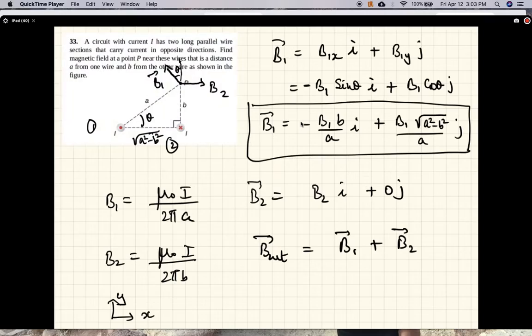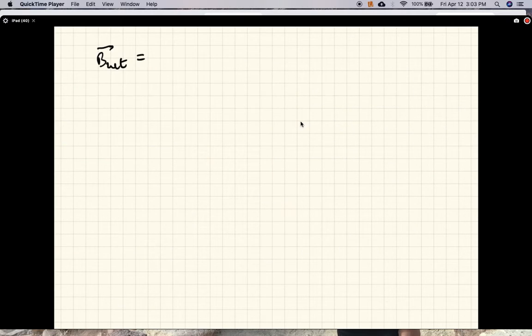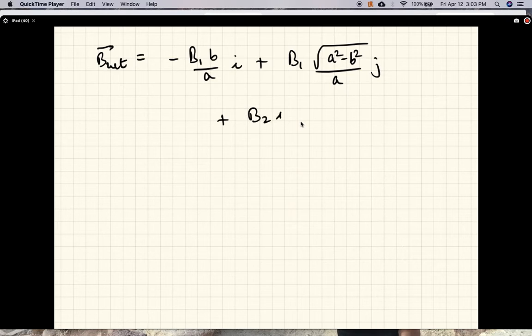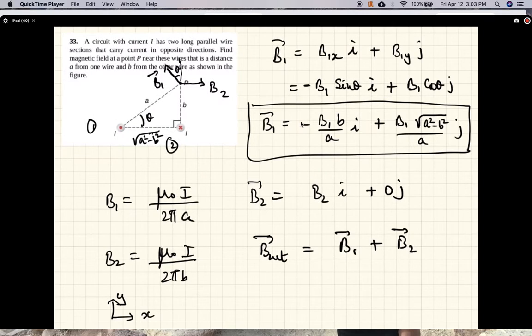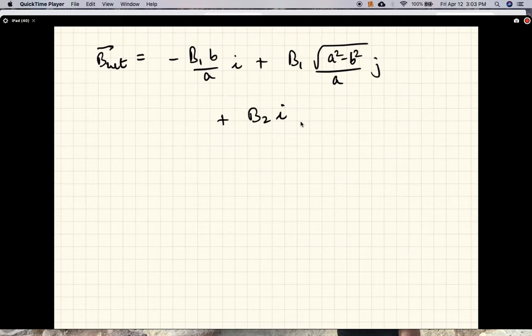The net field is minus B1 B over A i plus B1 square root of A square minus B square over A j plus B2 i.